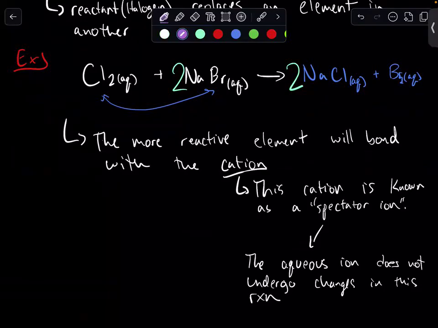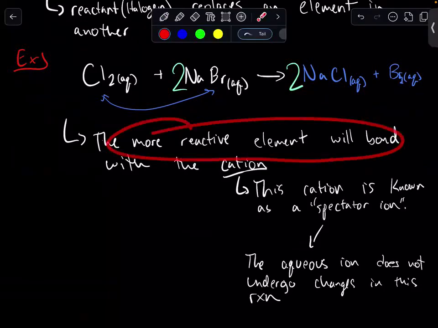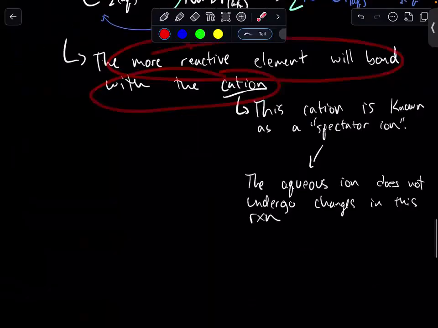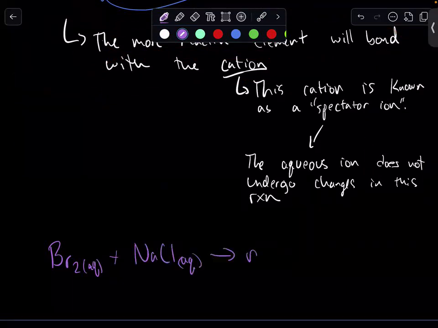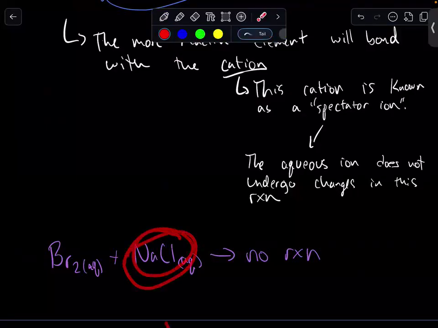Something to note here is that because the more reactive element will bond with the cation, if we take a look at a separate reaction, let's say the inverse, Br2 aqueous plus NaCl aqueous, this has no reaction because Cl is more reactive and already bonded with the cation.